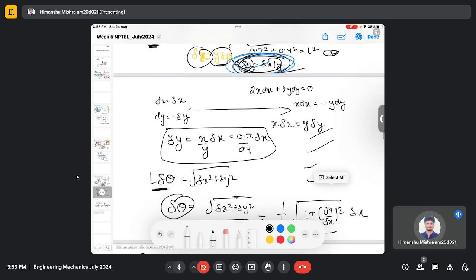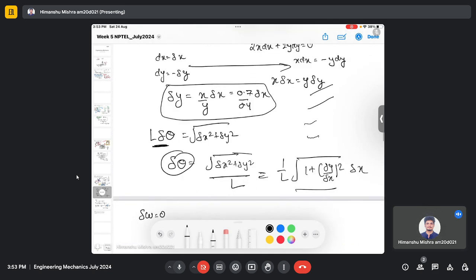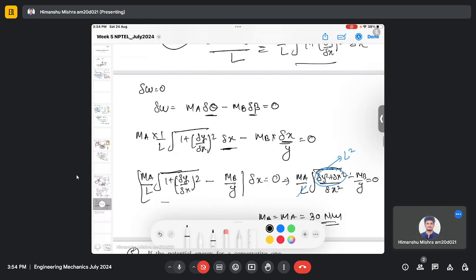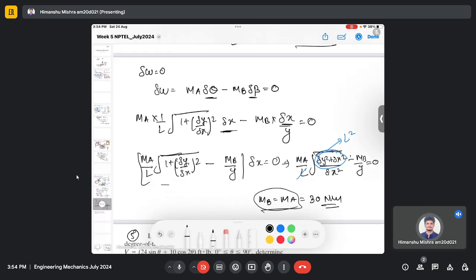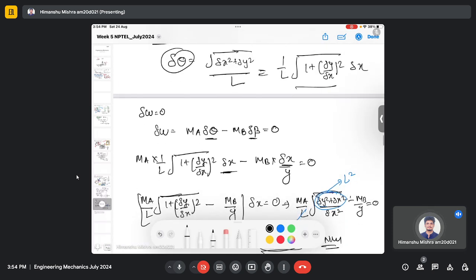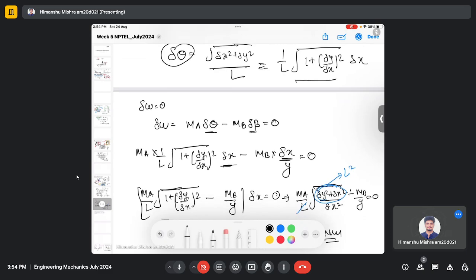So the complication may arise in the question, and most of the time, these complications are due to finding the virtual displacements. Once you identify the virtual displacement, it's a straightforward problem where you write down the work done equation and find the unknown force or moments. So here the unknown moment mb is 30 Newton meter.